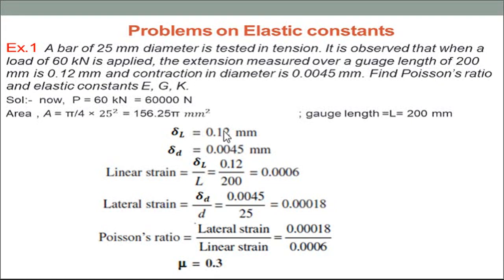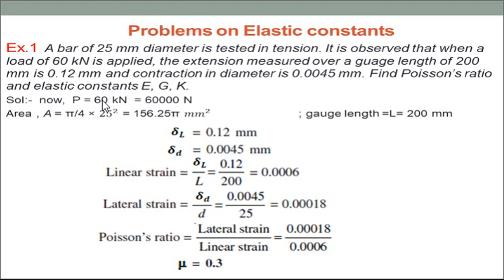So the deformation has been recorded. The linear deformation is 0.12 mm along the direction of the applied load, and exactly at right angles there is a lateral deformation, or contraction, also recorded, which is 0.0045 mm.